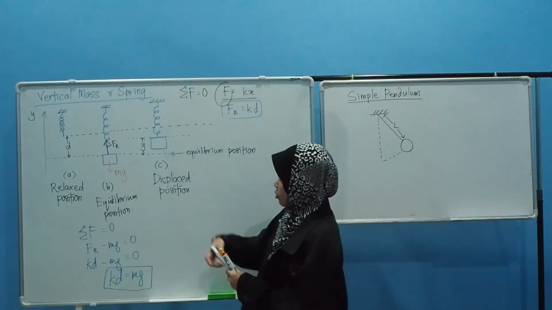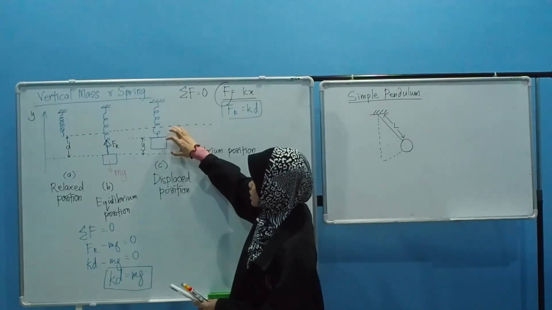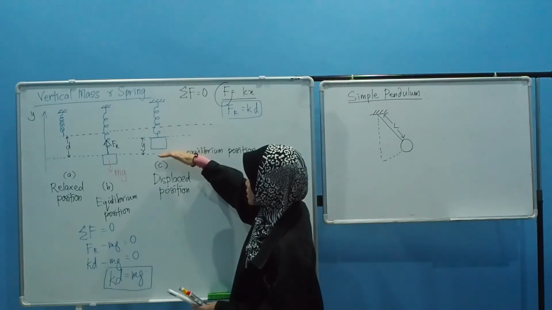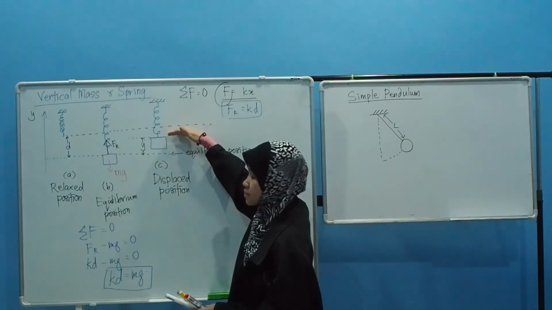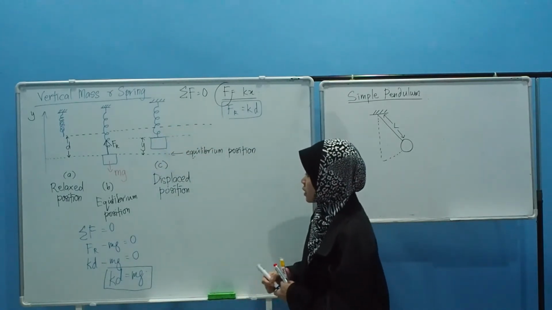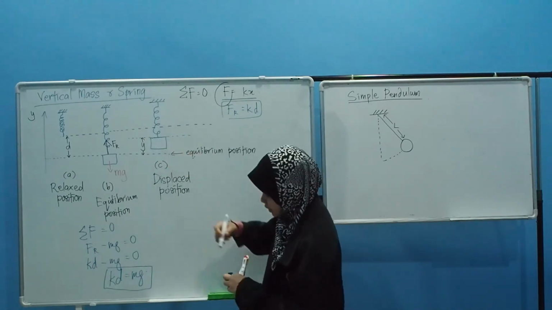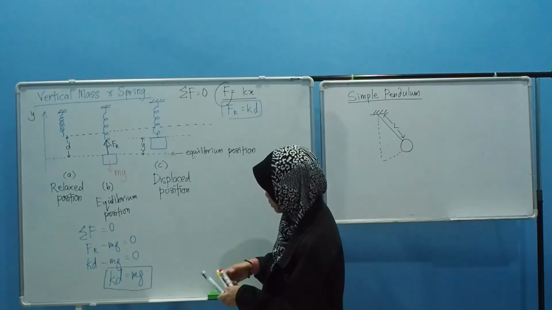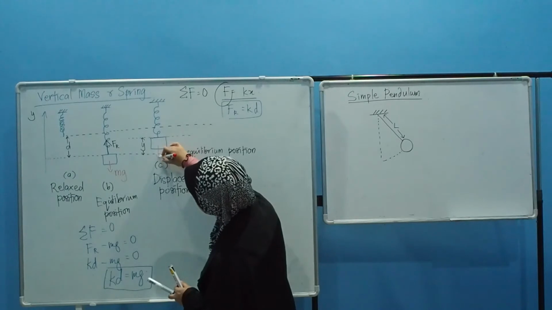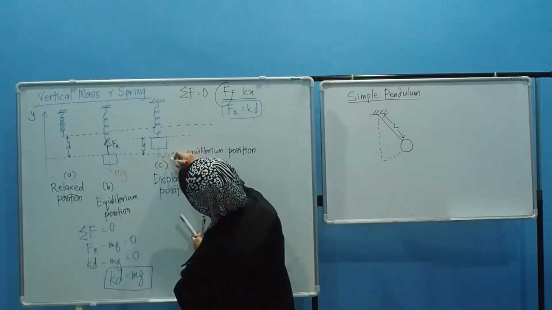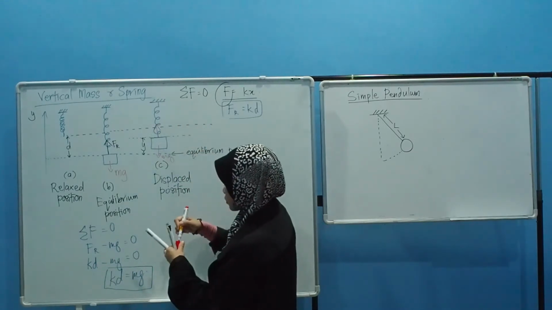What about the object when it is displaced up and down? For example, here the object is above the equilibrium position. So if you want to find the force at this point, this is mg, and then again this is the restoring force.